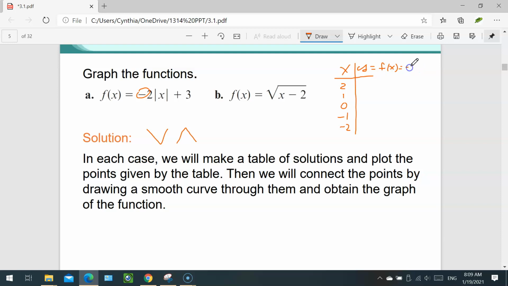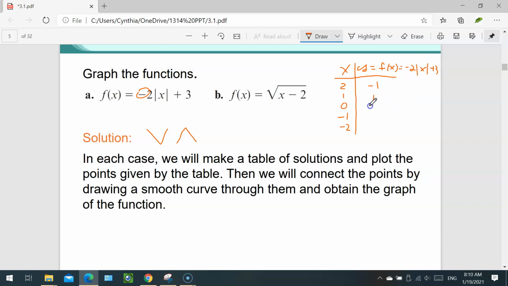So f of x is -2 times the absolute value of x, plus 3. When I plug in 2, 2 multiplied by -2 gives -4, and -4 plus 3 gives -1. Plugging in 1, you get -2 plus 3, which is 1.